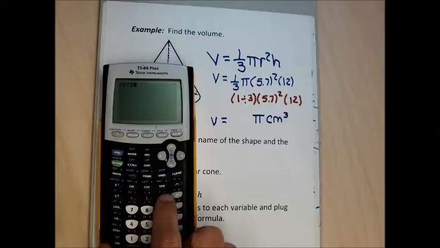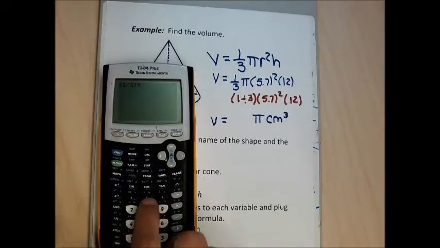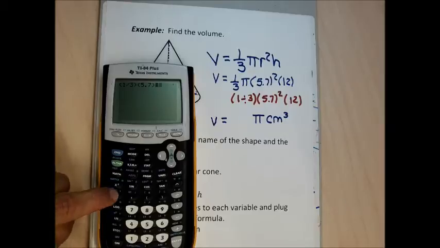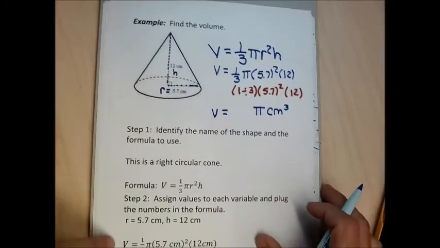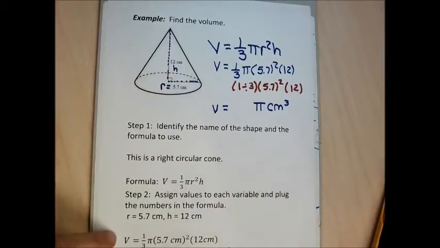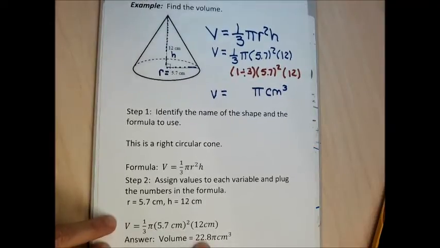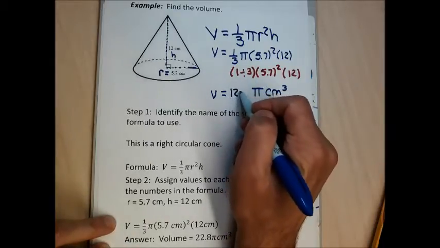So 1 divided by 3 in parentheses, parentheses 5.7, close out the parentheses, hit the x squared key, and then parentheses 12. I see 129.96, and the funny thing is, I wrote 22.8 here, and I don't know what's going on. Let me write that down. 129.96, I feel pretty good about that.